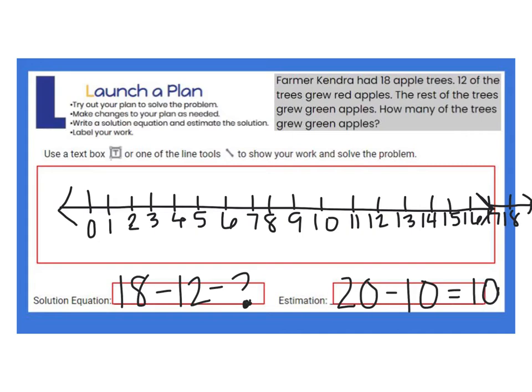And then we're going to jump back 12 pieces, 12 times. So 1, 2, 3, 4, 5, 6, 7, 8, 9, 10, 11, 12. So we jump back 12 times, and we actually land at 6, okay?